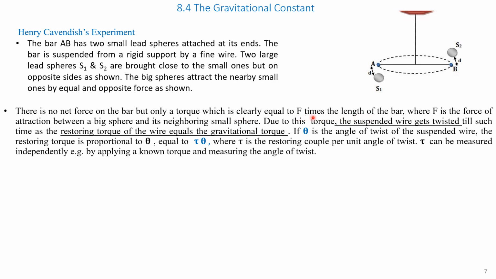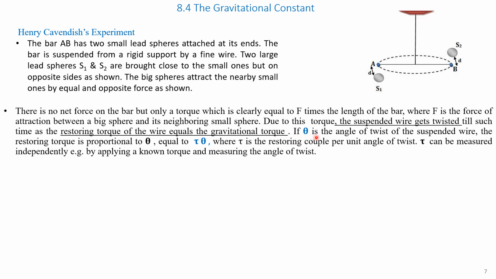If capital L is the length of the bar AB, then the torque is equal to F into L, where F is the force of attraction between the big sphere and the small sphere. Due to this torque, the suspended wire gets twisted till such a time that the restoring torque of the wire equals the gravitational torque. Please note, restoring torque equals the gravitational torque.